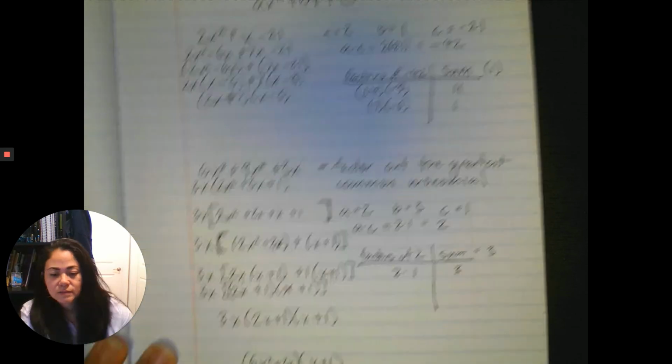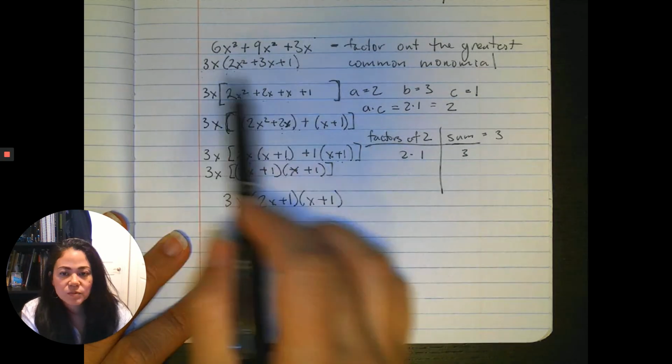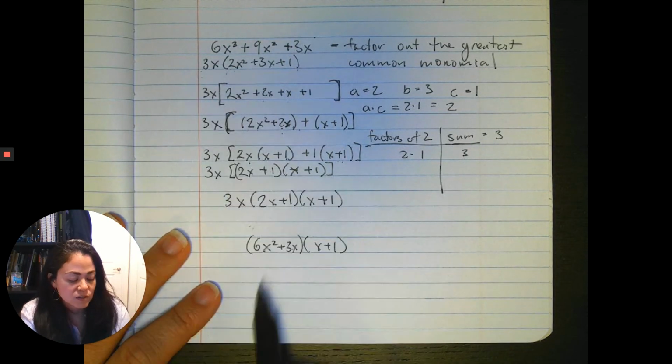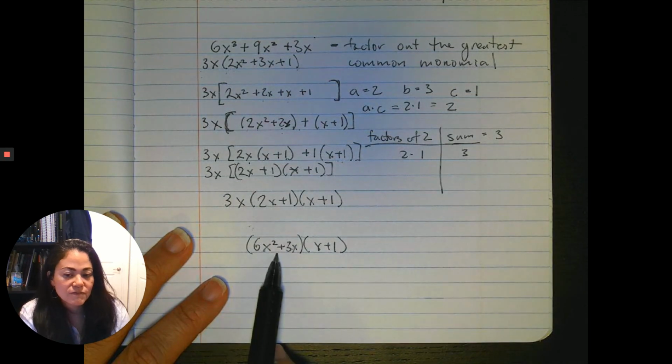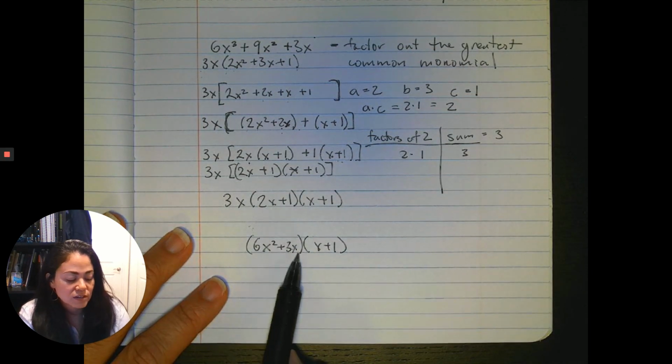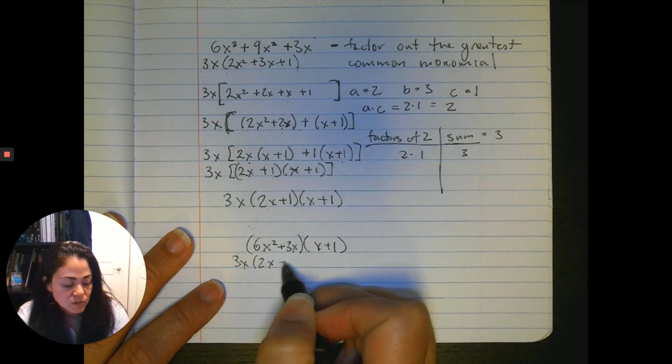There you go. So say you did this, you managed to factor this problem into 2 binomials like this. But this binomial still can be factored further. So you can still factor out that 3x from here and end up with 2x plus 1.